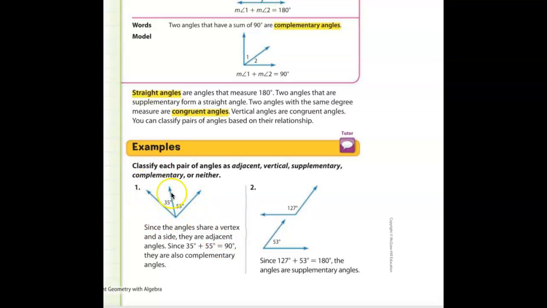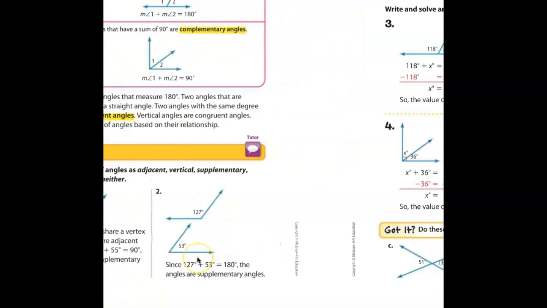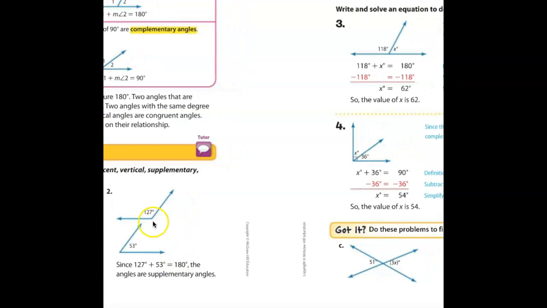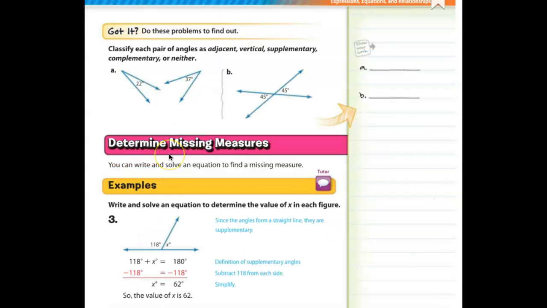So in this case, we would describe number one as being adjacent and also being complementary. On number two, they're not adjacent because they're two separate angles. But if we do add 127 and 53 degrees together, they do equal 180 degrees, and that would be an example of supplementary angles.